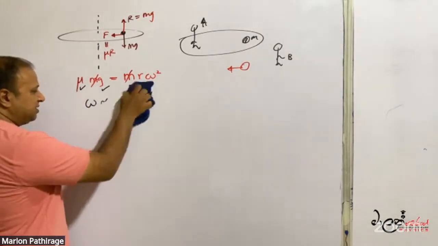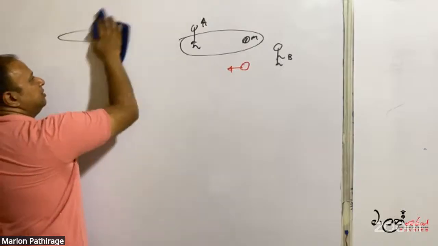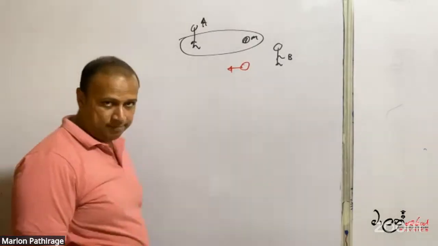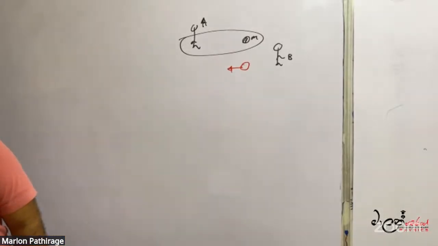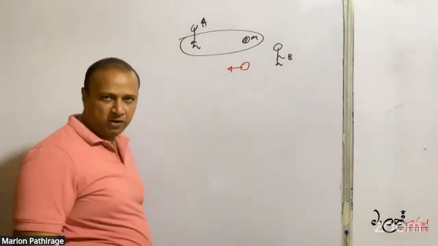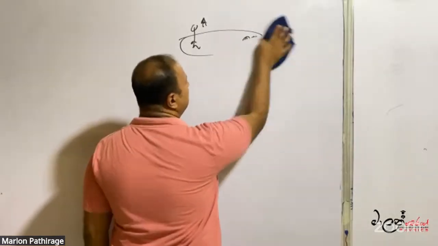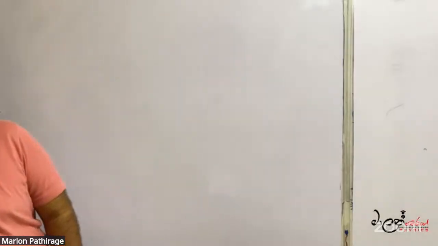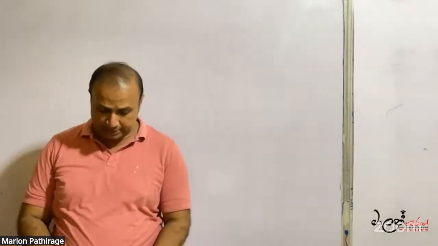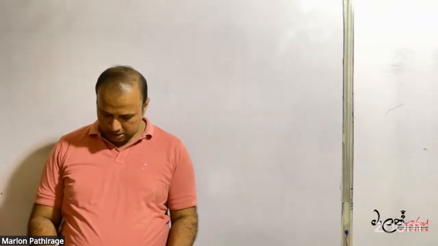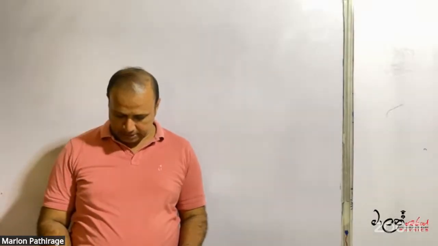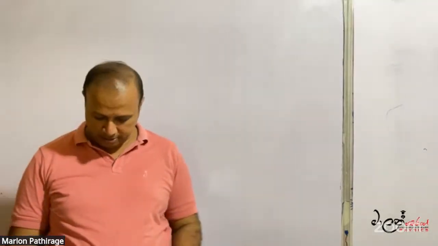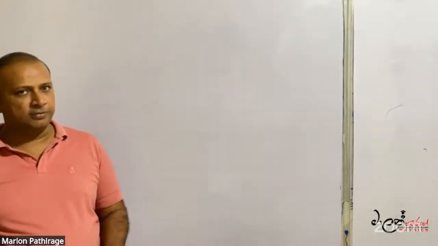Question number 5. We are discussing circular motion questions. This is a 2001 question. Previously we have discussed 1998, 1999, and there are two questions in 1999 and 2000.